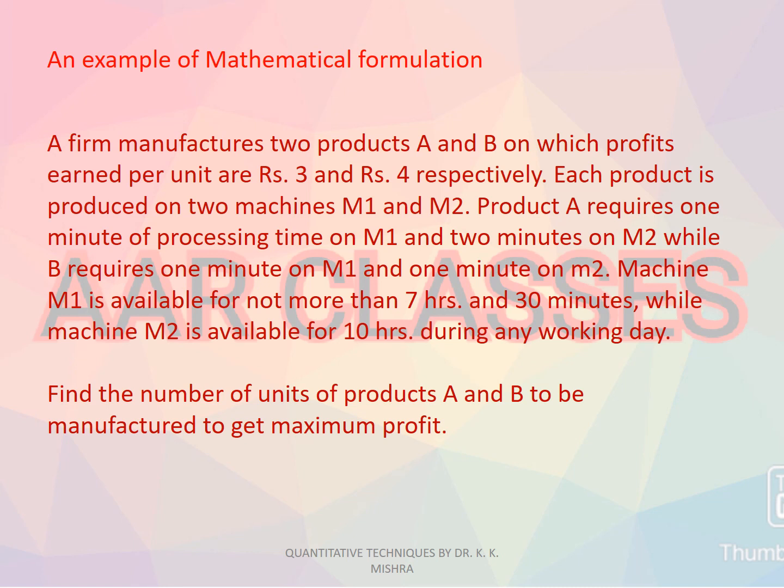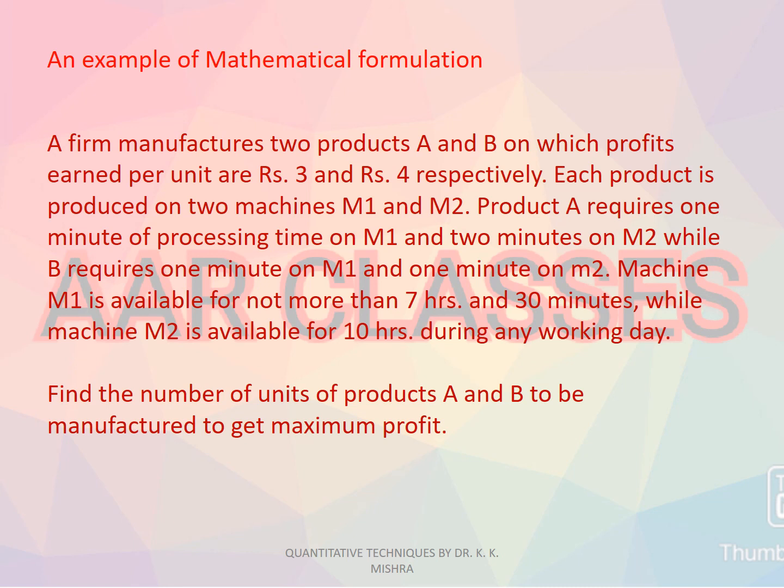Product A requires 1 minute of processing time on M1 and 2 minutes on M2, while B requires 1 minute on M1 and 1 minute on M2. Machine M1 is available for not more than 7 hours and 30 minutes, while machine M2 is available for 10 hours during any working day. Find the number of units of products A and B to be manufactured to get the maximum profit.